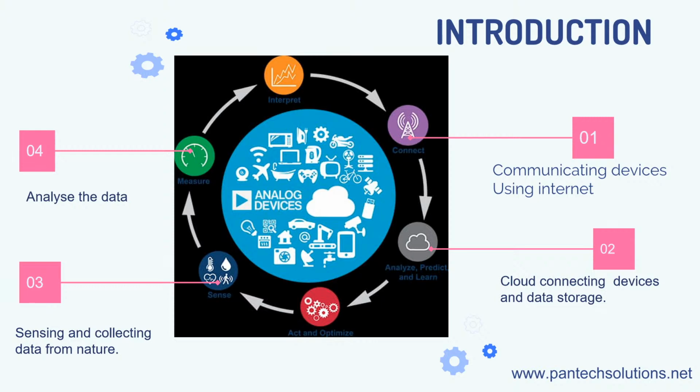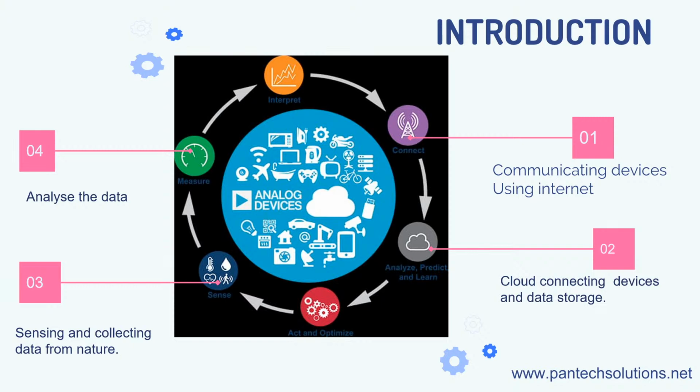Then sensing and collecting the data from nature. If you place any sensor, like a humidity sensor, temperature sensor, or vibration sensor, in a new environment, it will collect data from that environment.